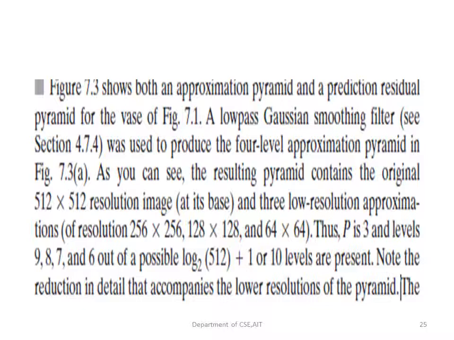That means the image becomes lower resolution when we are moving up the pyramid. At 512 by 512, the image is more detailed, but when we go to lower and lower resolution, the image will be of less understanding.